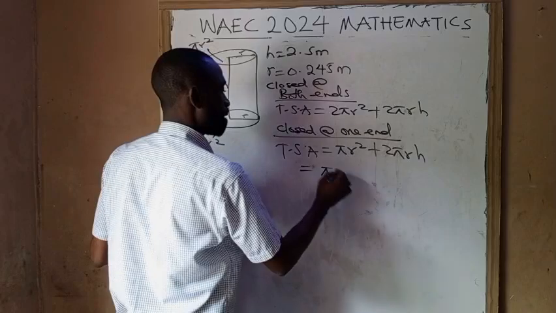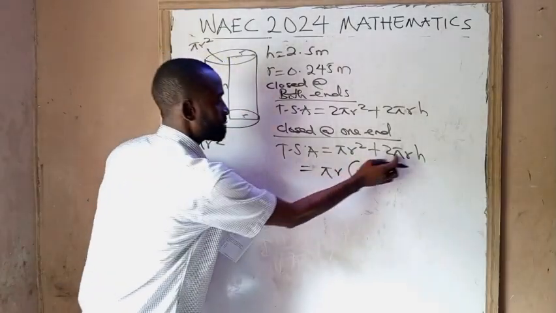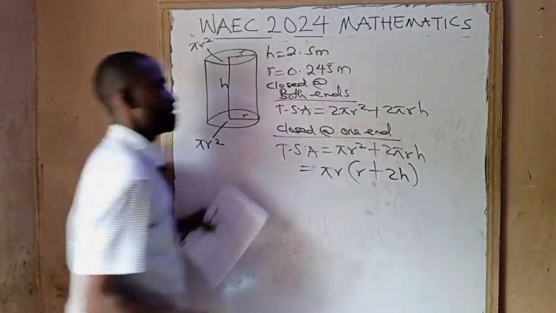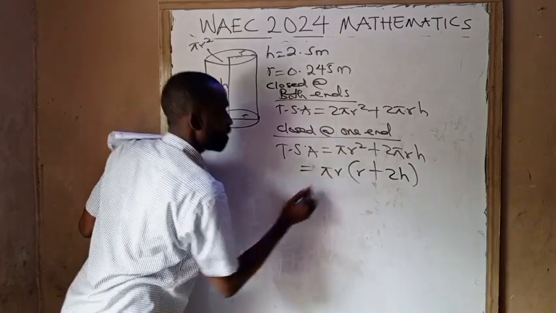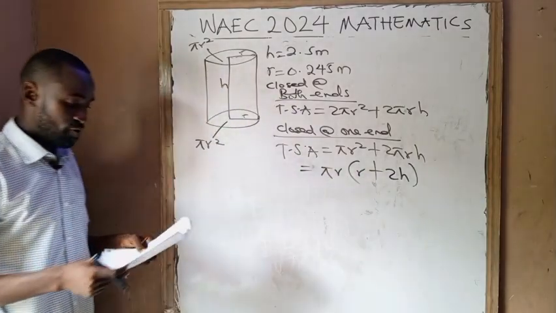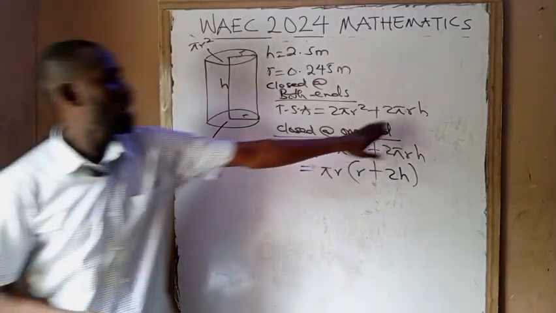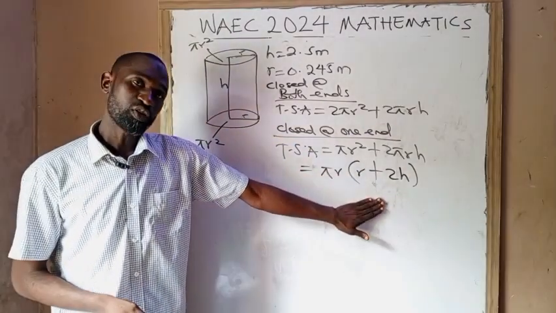R is common too, so I can bring r out. So we have pi r times r plus 2h, which is pi r squared plus 2 pi r h. I think we are correct with that. Please be careful. If it's closed at both ends, we have this for the total surface area, but if it's closed at one end, we have this.